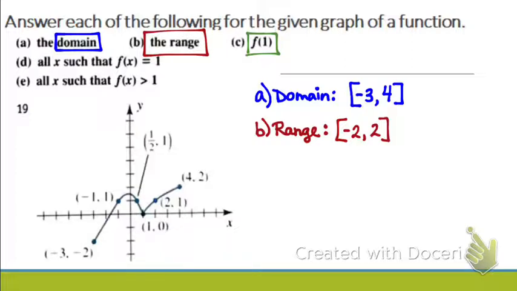Part C looks like what we were just doing a couple minutes ago, right? Function notation, and then they put a 1 in there. What is it asking me to look for? Because it gave me a graph, not a function rule. What is f of 1 on the graph? Look at where x equals 1 on the graph.